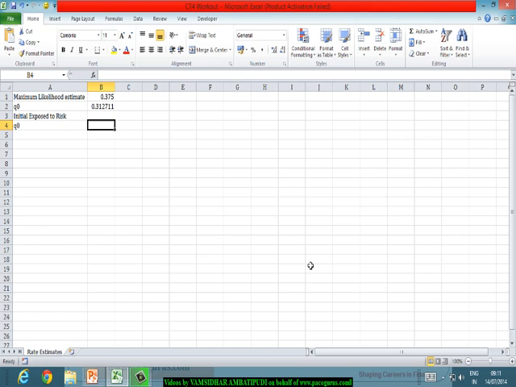So either I can take the initial exposed to risk as an approximation from the central exposed to risk, as 9.5, and get this number, or if I use the initial exposed to risk as 10, I'll get this kind of number. So there are two different calculations, but the first answer, 0.3157, is under the assumption that the deaths are uniformly distributed over the age between 0 and 1.